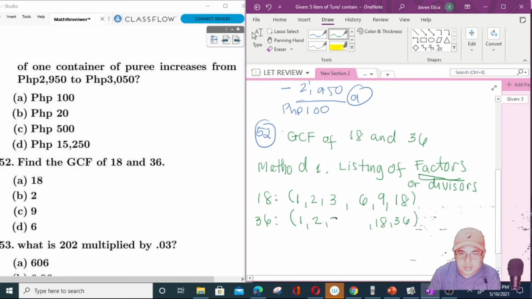Next is 3 and 12. 3 times 12 is 36 also. And then 4 and 9. 4 times 9 is 36.